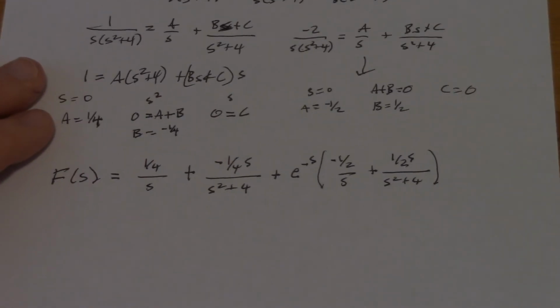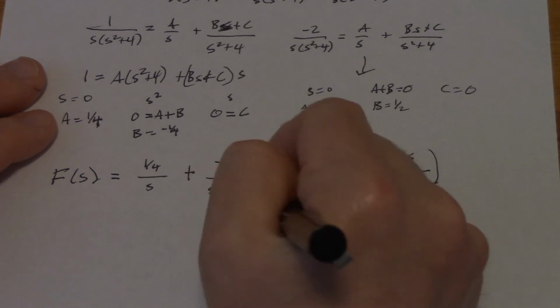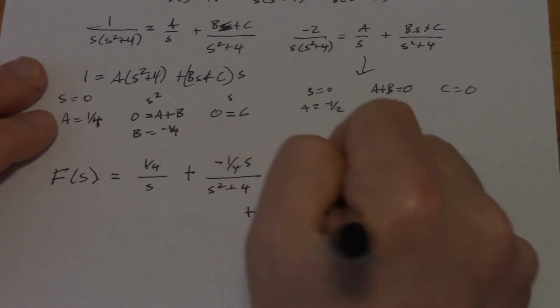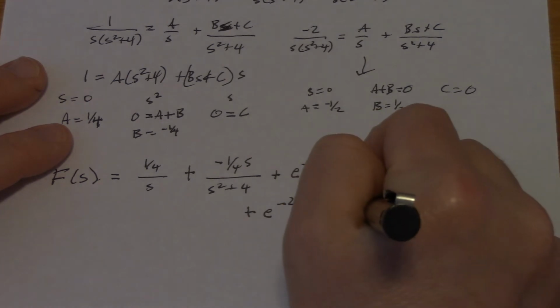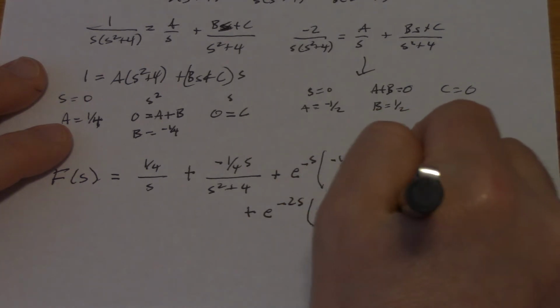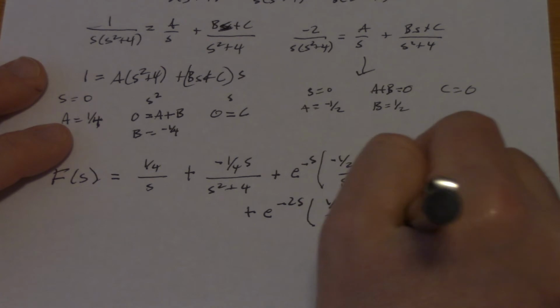I can't fit that on the next line, so I'll put it underneath: plus e to the minus 2s times 1/4 over s plus negative 1/4 s over (s squared plus 4).